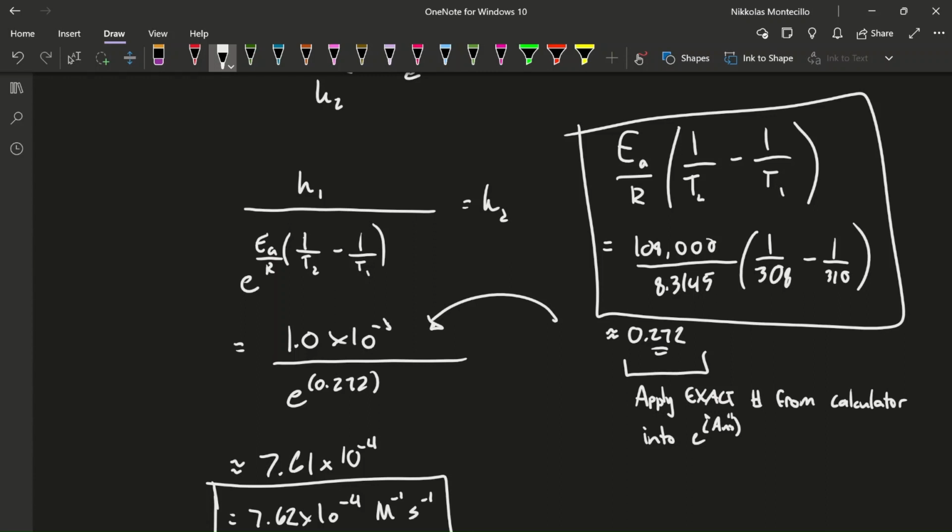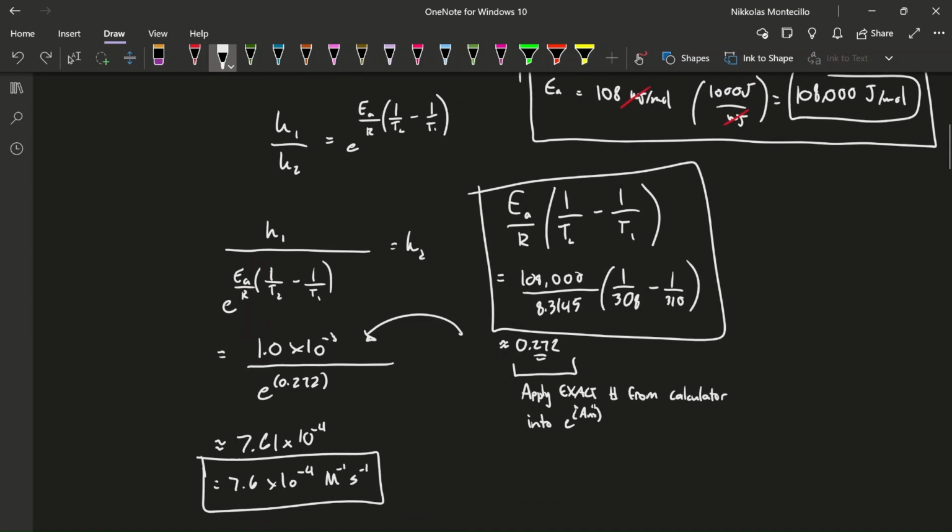Yeah, because there's 3 sig figs, right? 7.62, right? Oh, no, it's 2 sig figs because the rate constant is 2 sig figs. Yes. So it's 7.6 times 10 to the negative 4 inverse molar concentration per second, right?